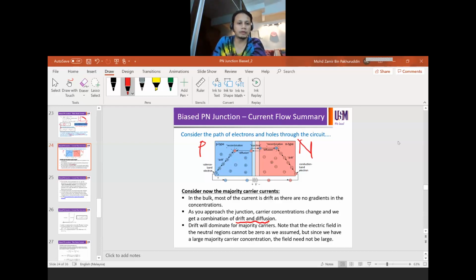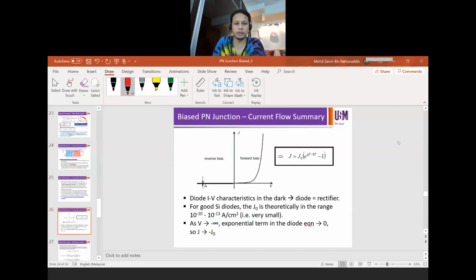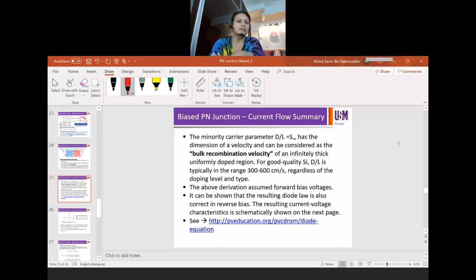Okay. So now let's go on to the next page before we talk about diode equation. Minority carrier concentration parameter. This is given by D over L or S, recombination velocity, which has the dimension of velocity and can be considered a bulk recombination velocity.